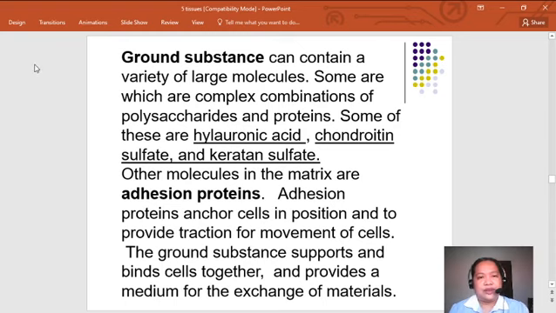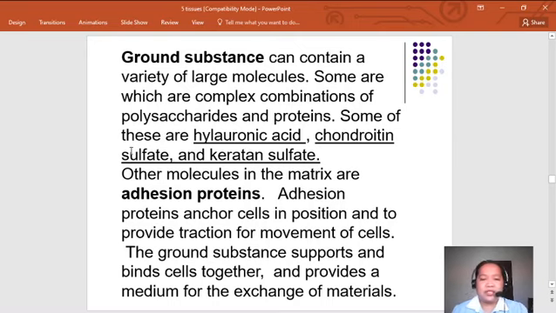We have also the ground substance that contains a variety of large molecules, which are complex combinations of polysaccharides and protein. So examples of ground substances we have hyaluronic acid, chondroitin sulfate, and keratan sulfate.